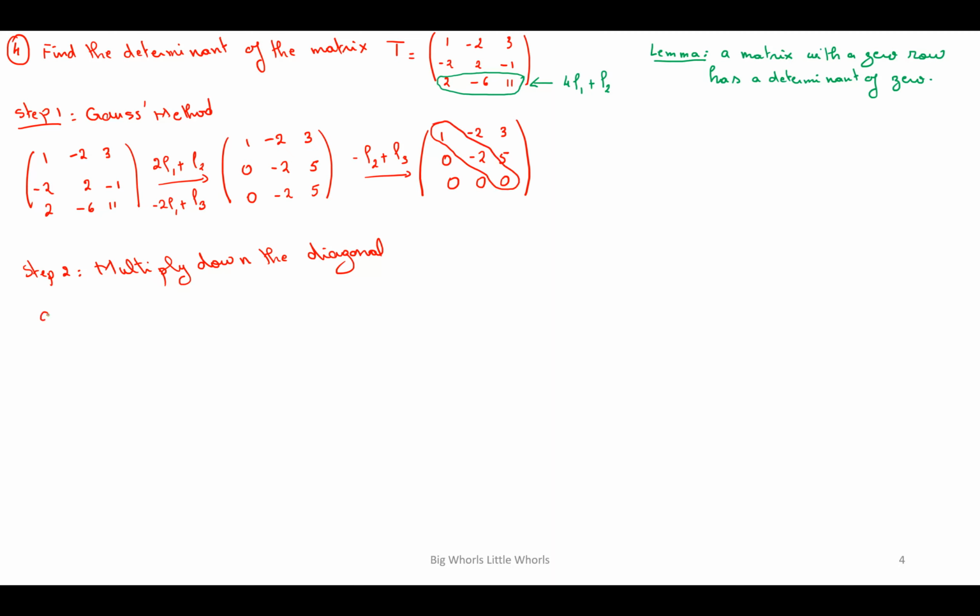We have the determinant of T is going to be 1 multiplied by minus 2 multiplied by 0, which is going to be 0. So this proves the lemma.